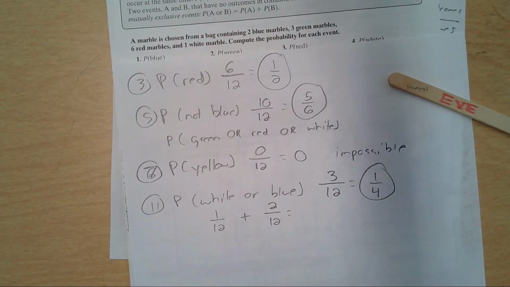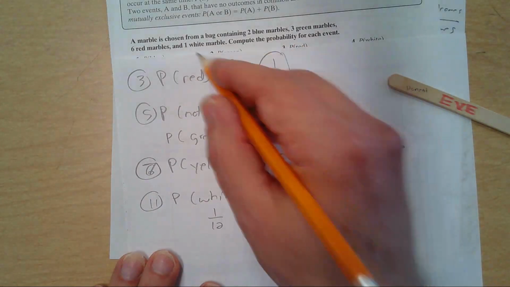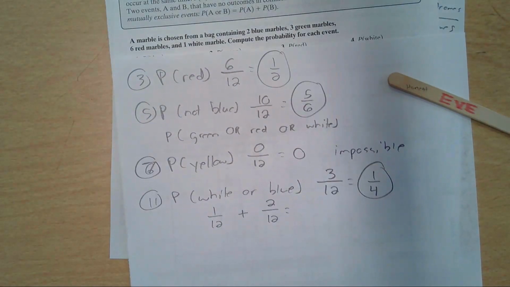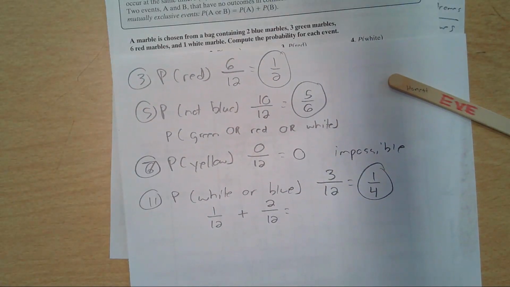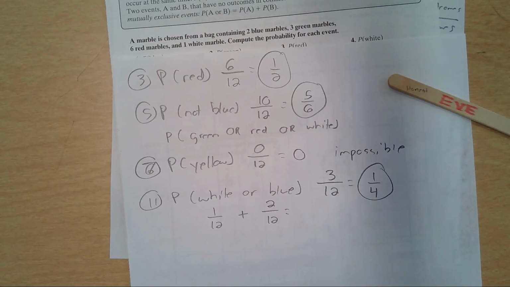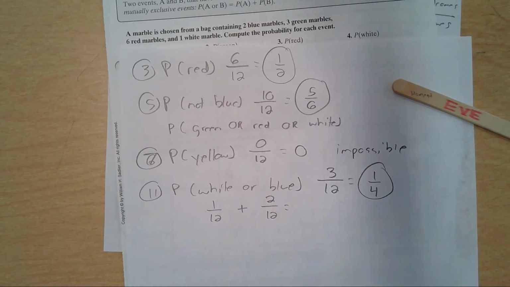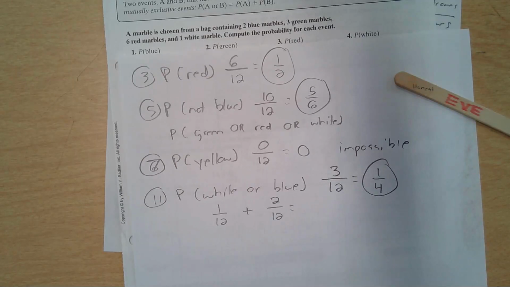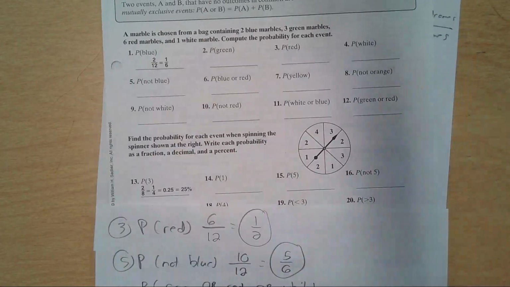So white's a winner, blue's a winner. How many white and blues are there? 2 blue plus 1 white give me 3 of the 12 are winning marbles. So 3/12 is what I would come up with for that one, and then simplify. Good with this? Okay. Next part.